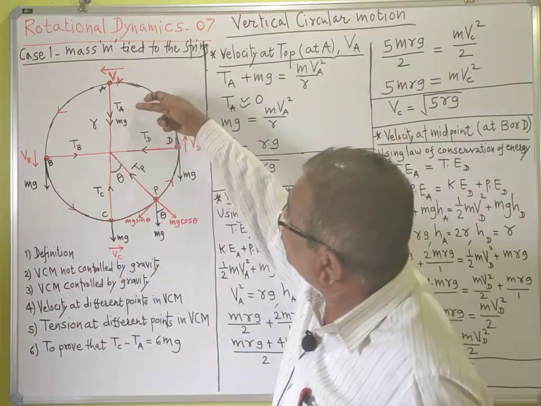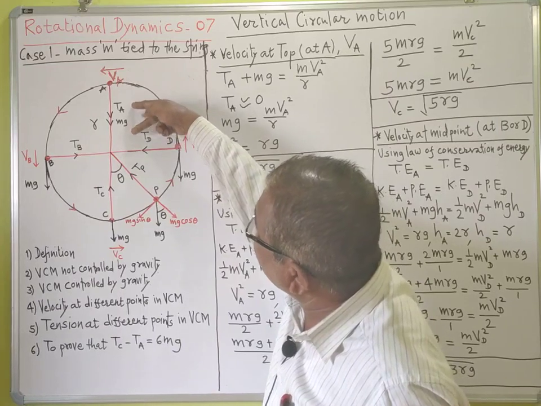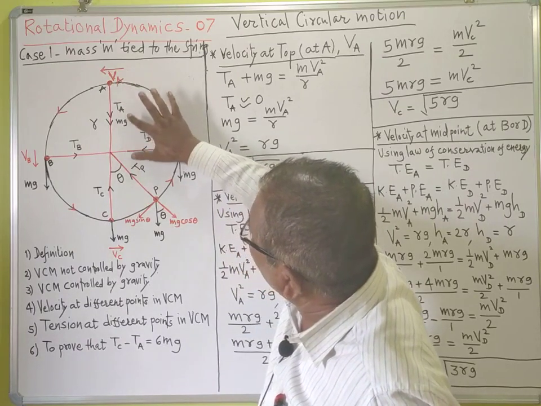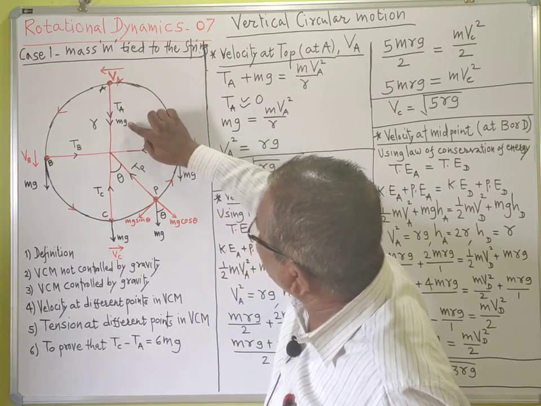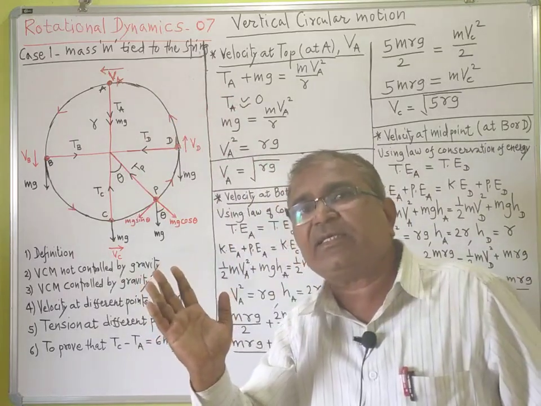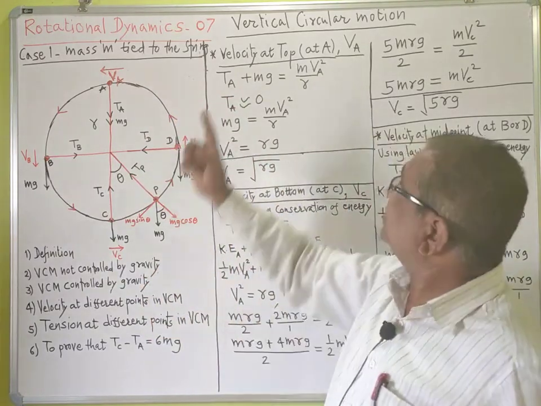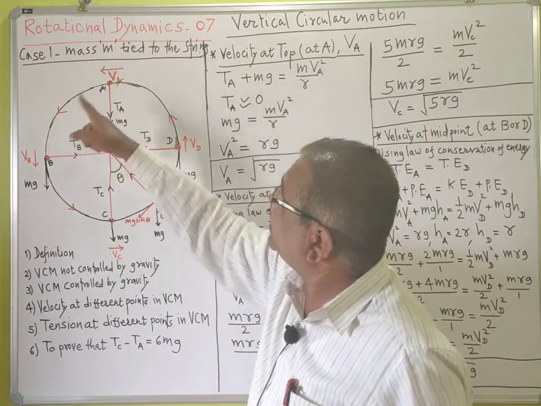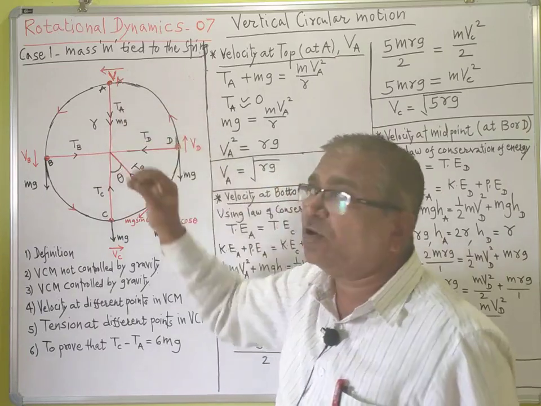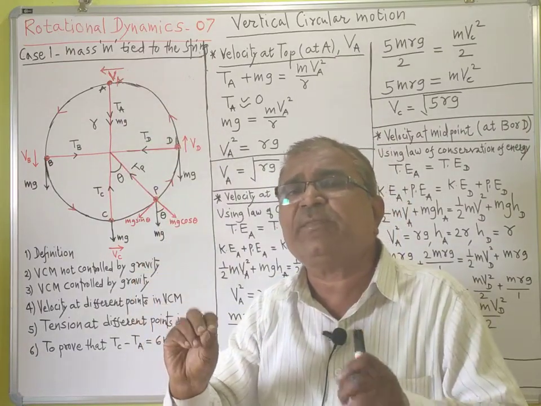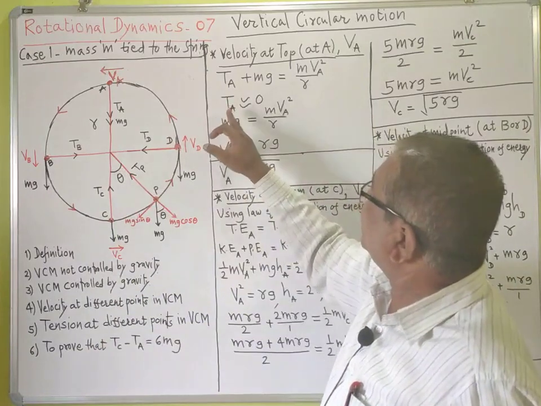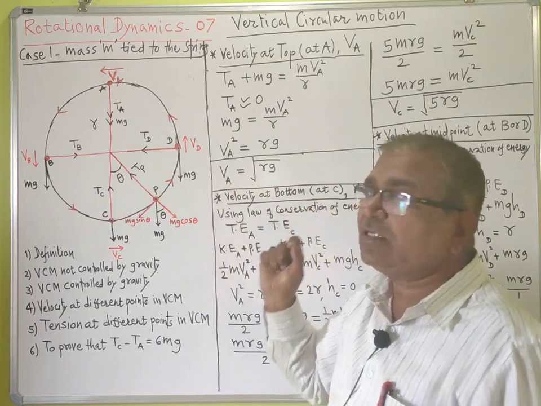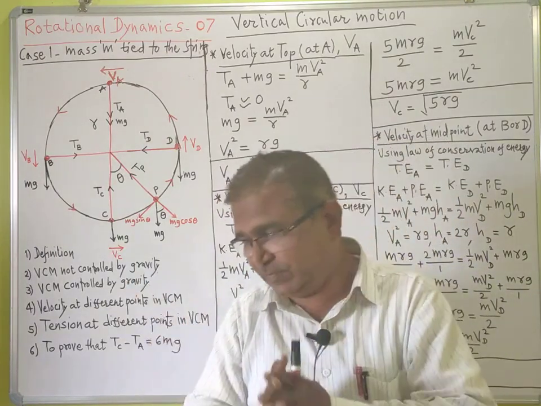These two forces, after adding together, are directed toward the center. So the resultant of these two forces, Ta plus mg, acts as the centripetal force. So I have written this equation. And when the particle is at A, at the top, tension on the string is approximately 0, and so from that we get Va equal to square root of Rg.